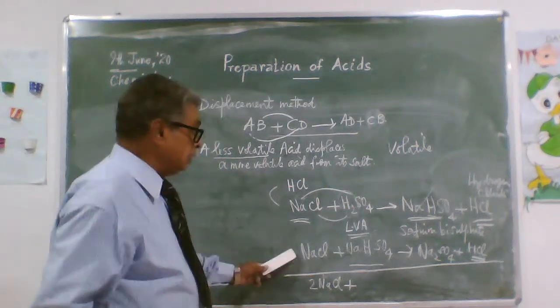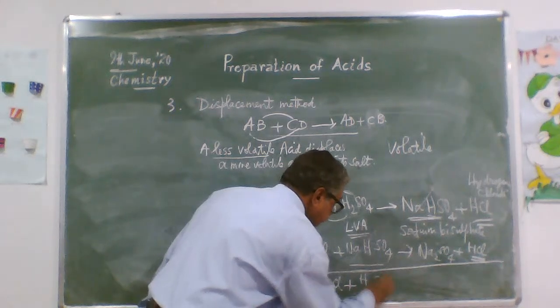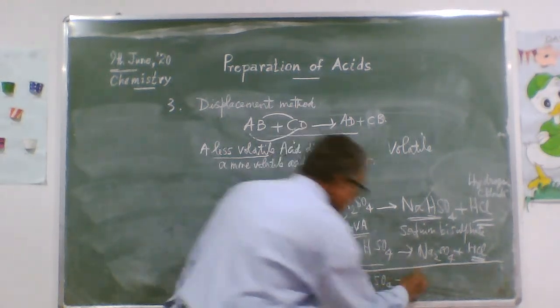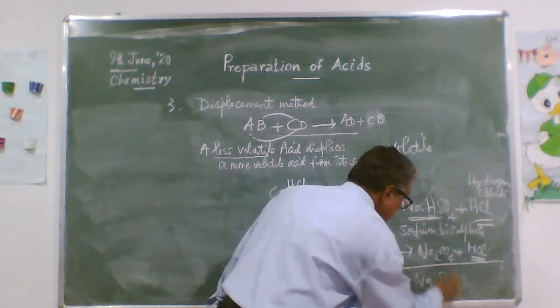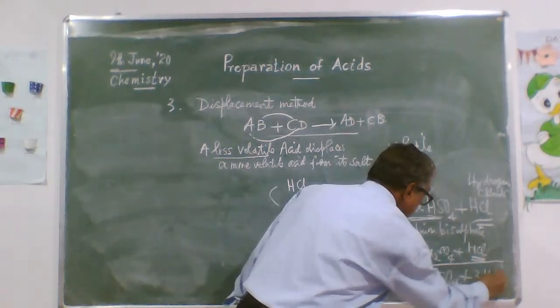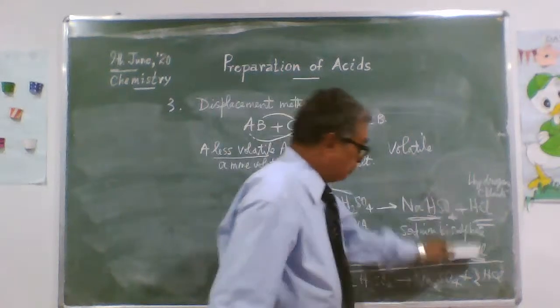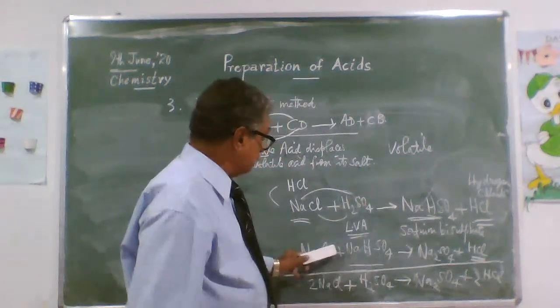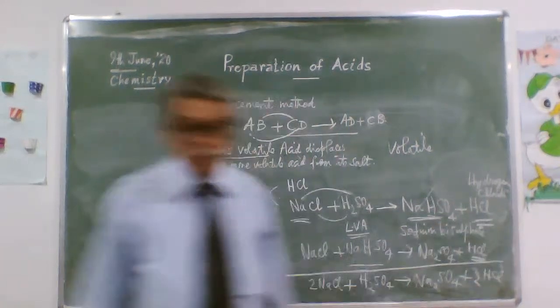So 2 NaCl plus H2SO4 gives Na2SO4 plus 2HCl. NaHSO4 cancels. This is the final reaction.